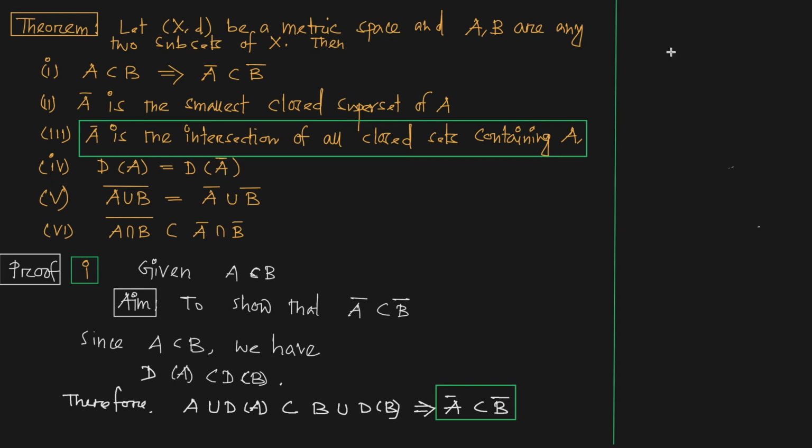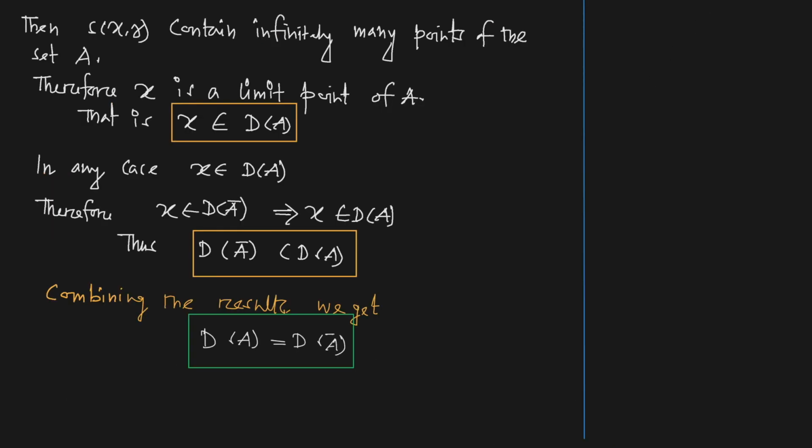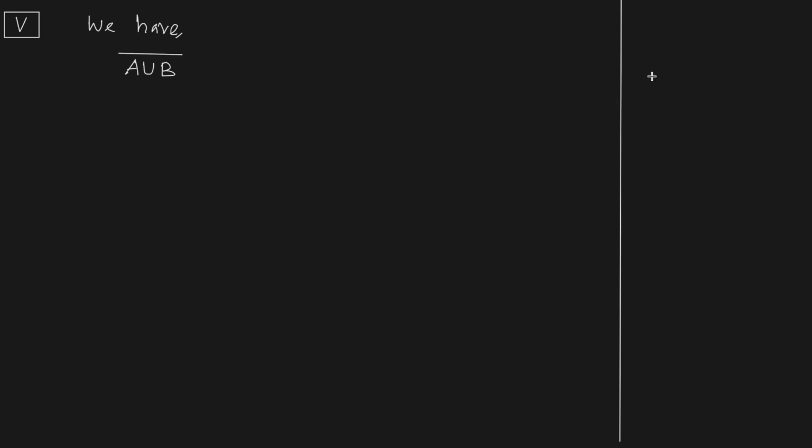Next, property 5: closure of A union B is equal to A closure union B closure. So we have closure of A union B. What was A closure?